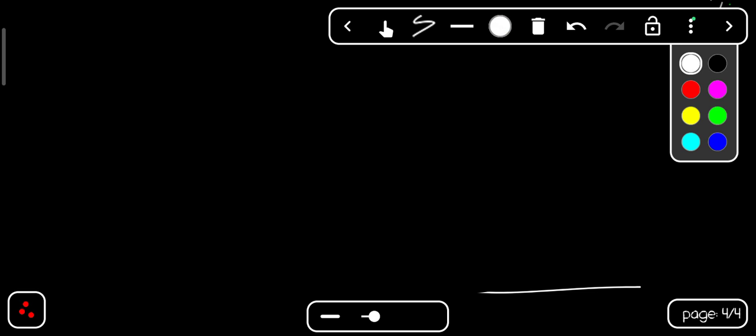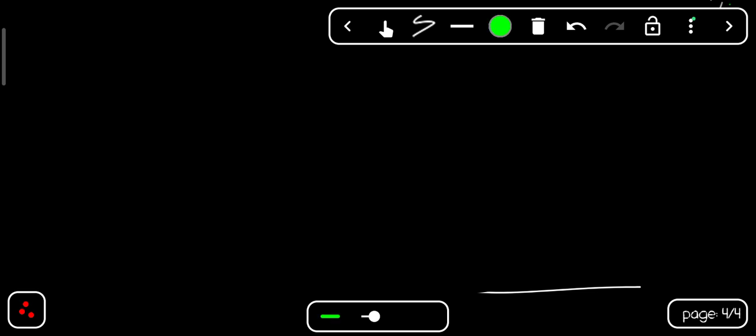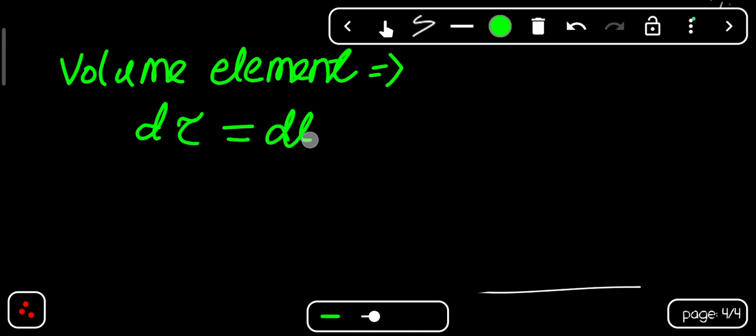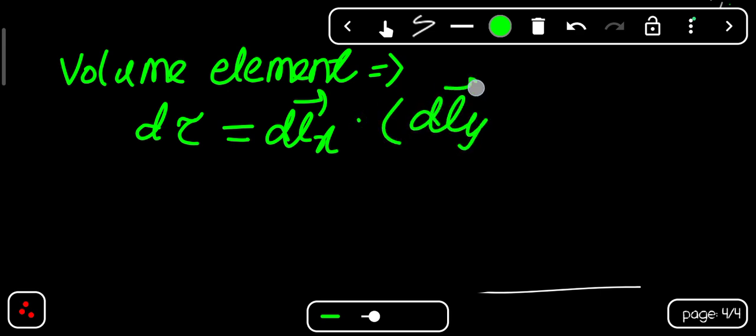Write down volume element. Volume element is very easy. The volume element will be represented as d tau, which will be equal to the vector triple product of the length elements, that is dlx dot (dly cross dlz).